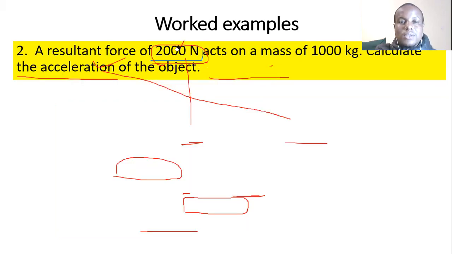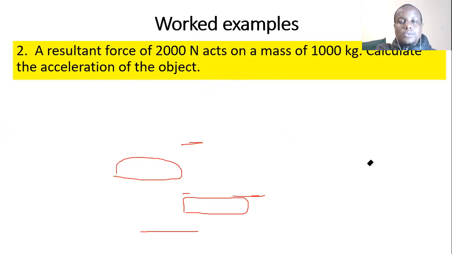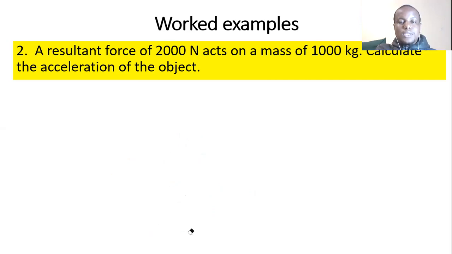All right, now let's move on to our next slide. Let me remove everything here so that we are able to work out this next problem. The resultant force of 2000 newtons acts on a mass of 1000 kg.